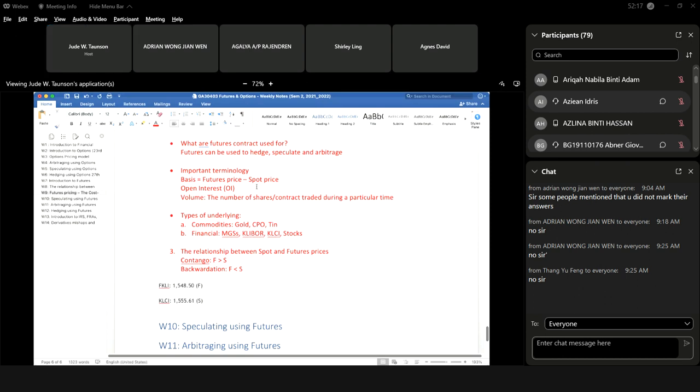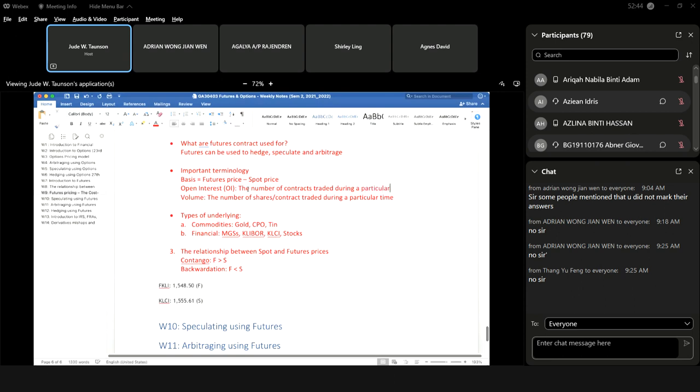Okay. So open interest is the number. All these are in your slides. Please read. The number of contracts traded during a particular time or day.